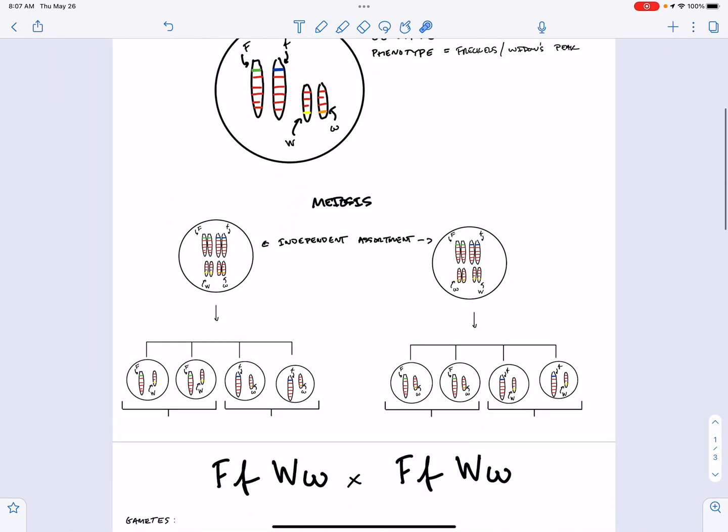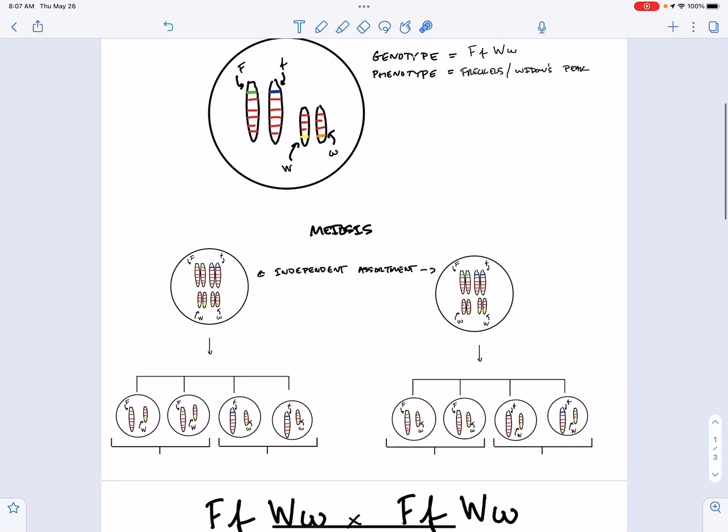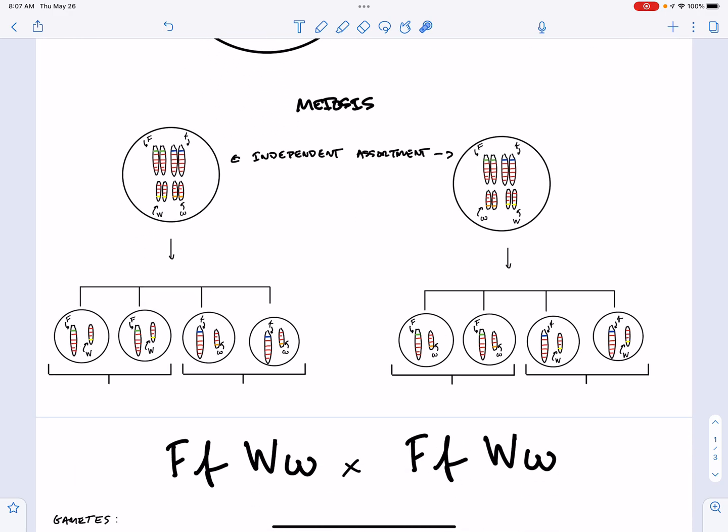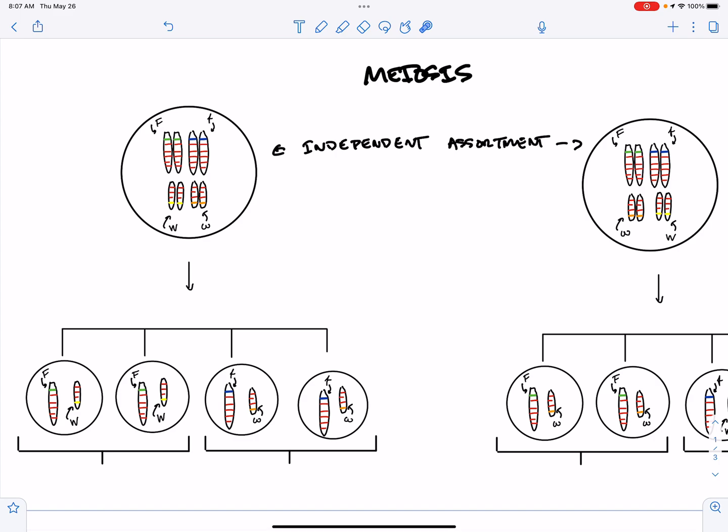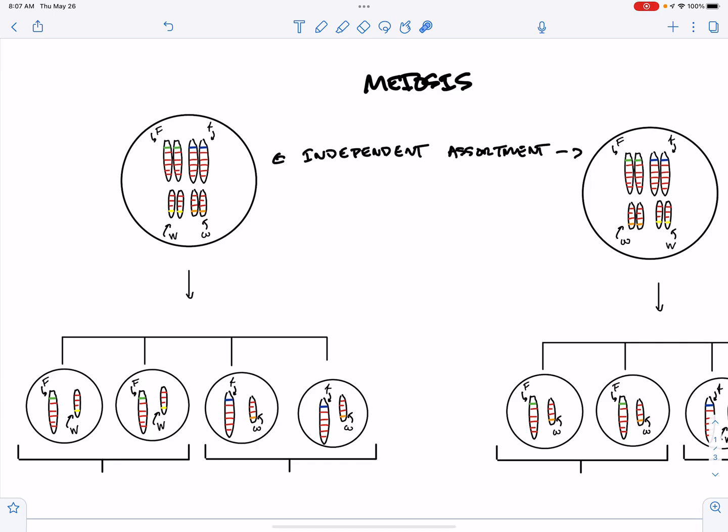Okay, so what types of different gametes can this person make? Well, you know that in meiosis, there is this phenomenon called independent assortment, which means that the homologous chromosomes can line up randomly across the metaphase plate. So we might get an arrangement where the freckles allele lines up on the same side as the widow's peak allele, and freckleless and straight hairline on the other side.